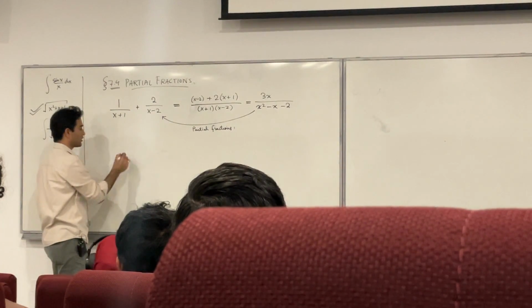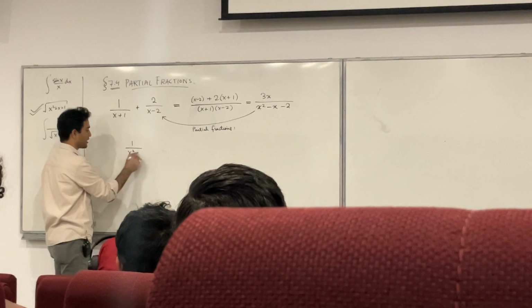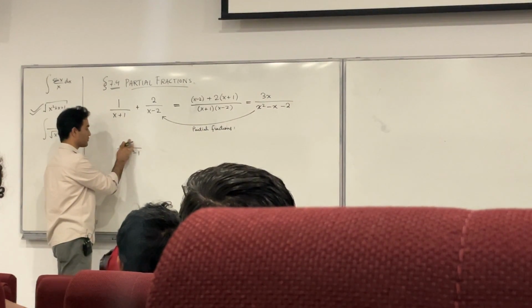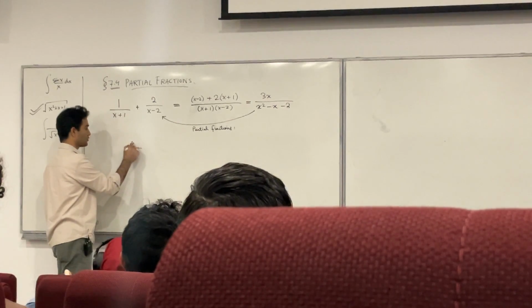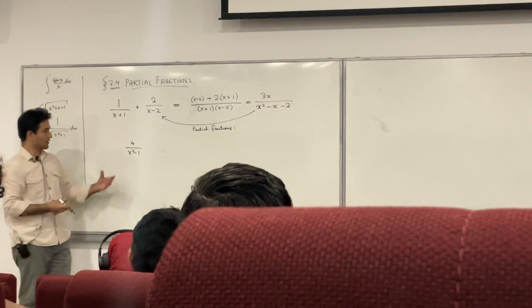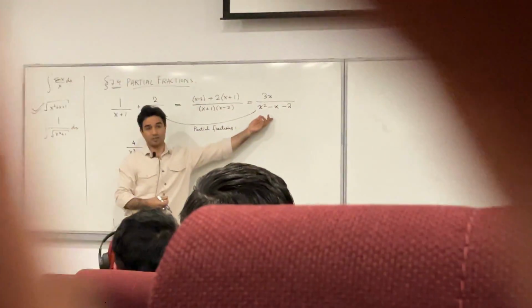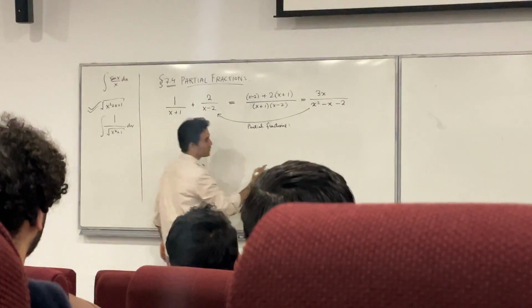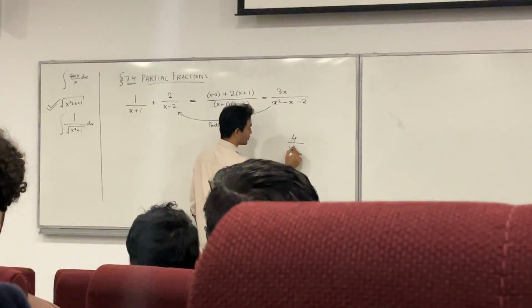See, if I had something like 1 over x squared minus 1, or let's take 4 over x squared minus 1. This is sort of the expression that I'm looking at on the right side. So we have 4 over x squared minus 1.